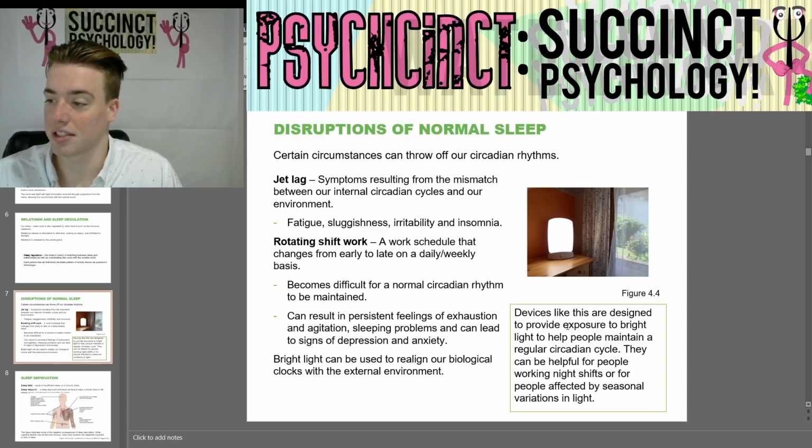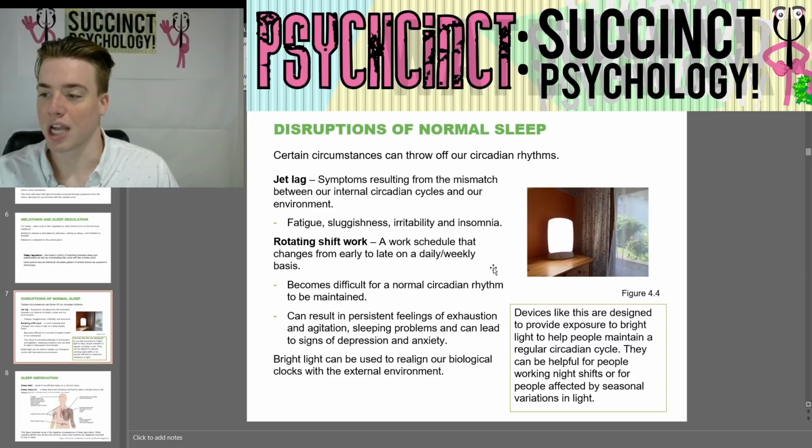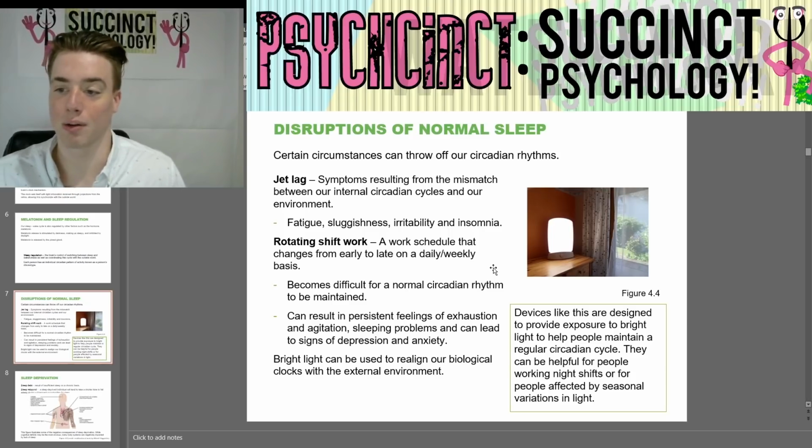Devices like this are designed to provide exposure to bright light to help people maintain a regular circadian cycle. They can be helpful for people working night shifts or for people affected by seasonal variations in light. So it's really important to keep your internal clock normal, because you don't want to be irritable or have insomnia.